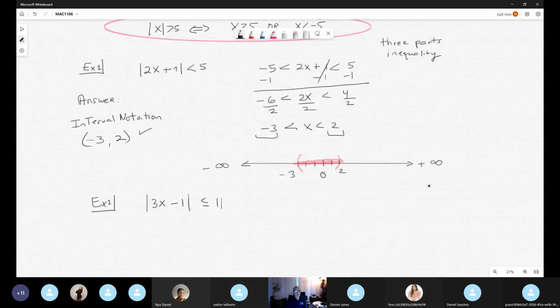Suppose this example, 3x minus 1 less than or equal. At the beginning, our problem is a combination. So this symbol is less than, that part is less than, that part equal to.